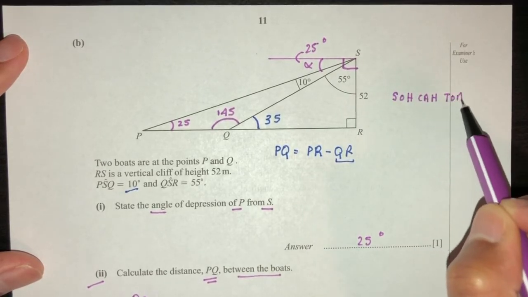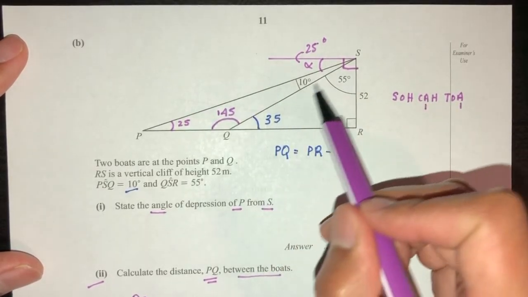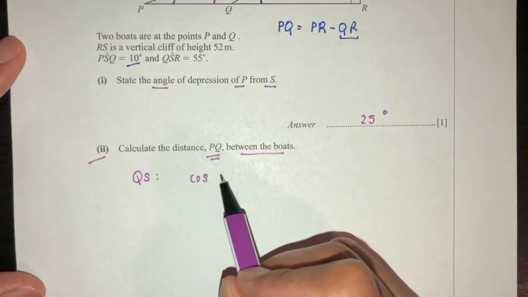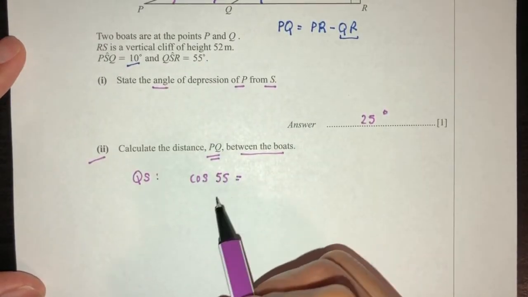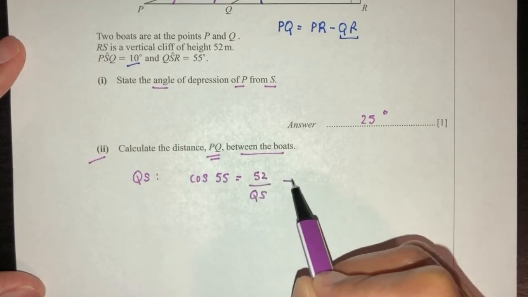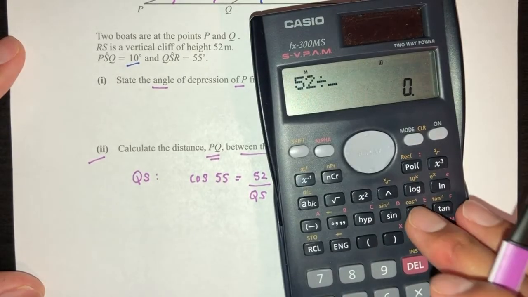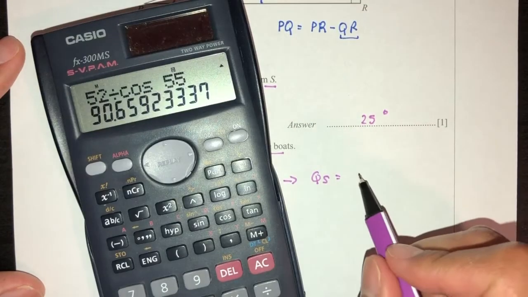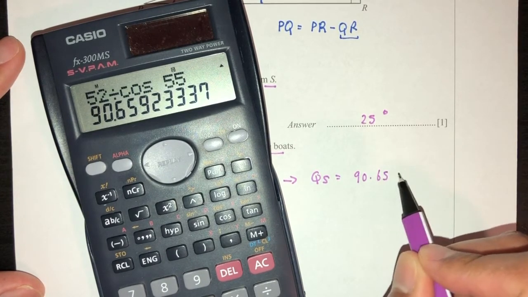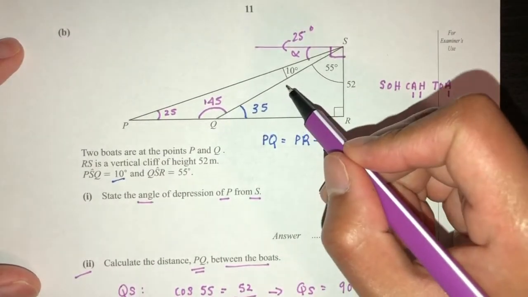This is your adjacent side, so you mark A. This is your hypotenuse, so H. So QS, we have to use cos of the angle 55 equal to 52 over QS. From this, you will have QS is equal to 52 divided by cos of 55. That will be 90.659.